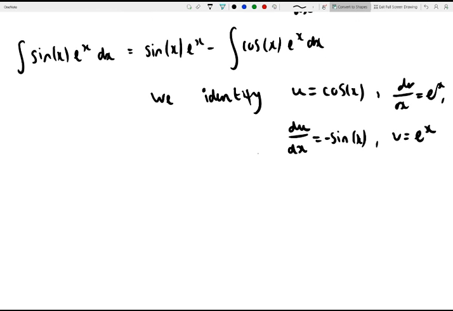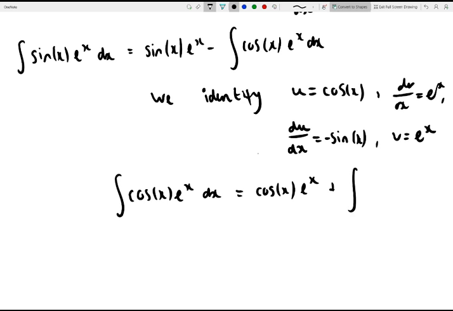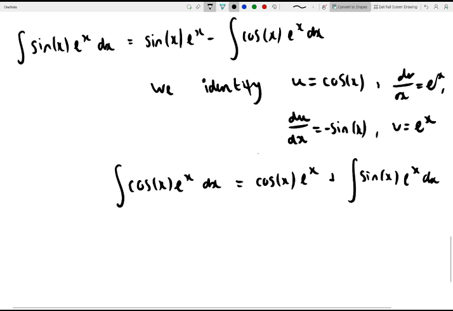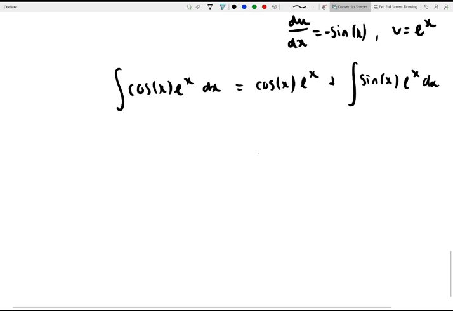So let's just calculate the integral of cos of x e to the x with respect to x, and this is cos of x e to the x plus sine of x e to the x. And it looks like we have to use integration by parts again, but we don't. So let's write down everything we've got so far.